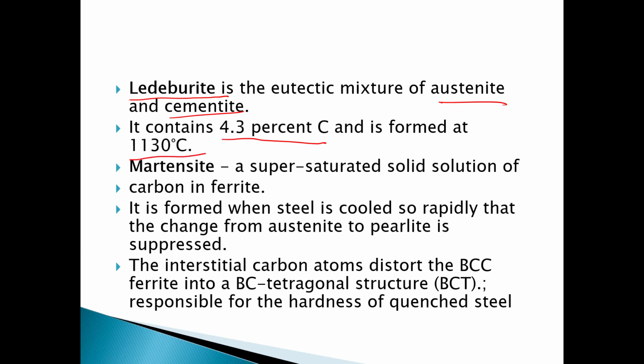Next one is martensite, a supersaturated solid solution of carbon in ferrite. It is formed when steel is cooled so rapidly that the change from austenite to pearlite is suppressed. The interstitial carbon atoms distort the BCC ferrite into a BC tetragonal structure, responsible for the hardness of quenched steel.